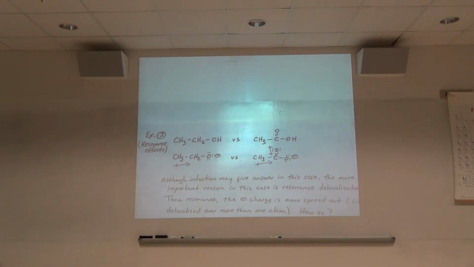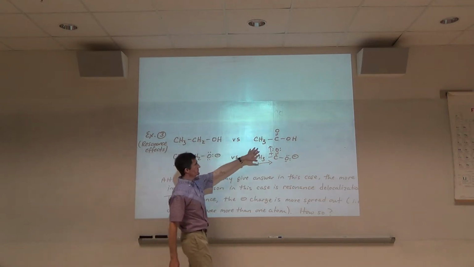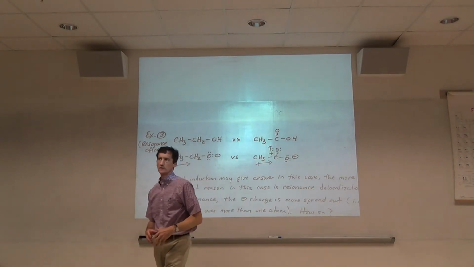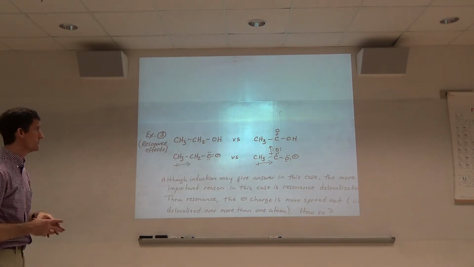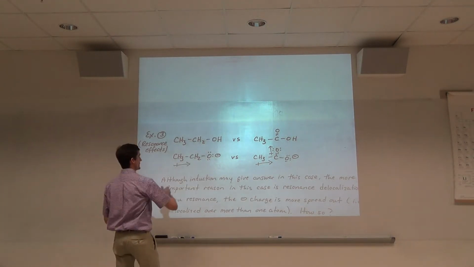Let's look at this alcohol versus this carboxylic acid. Obviously, that's a carboxylic acid. It's called an acid because it's acidic. That implies it's more acidic than the other one. But why? Well, we want to consider the conjugate bases.